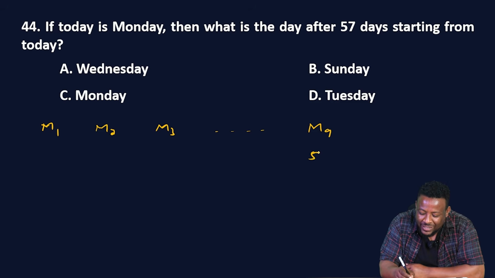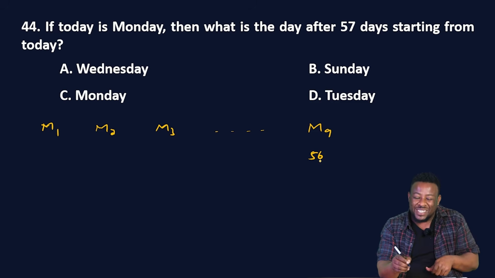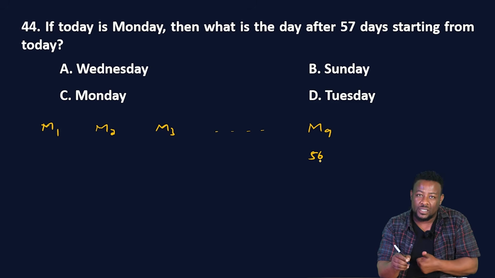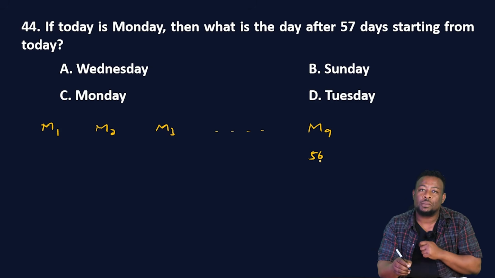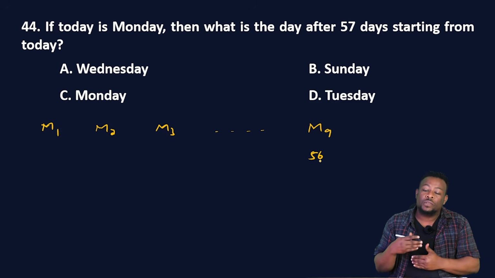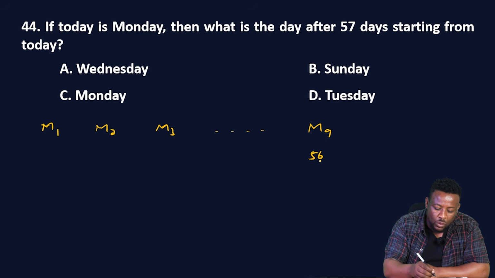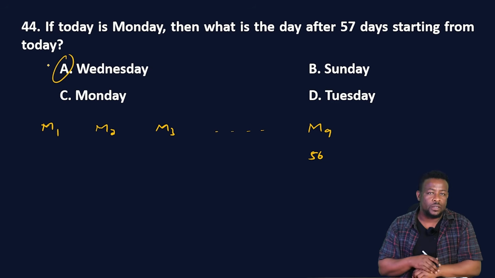ኦኬ ዘጠነኛው መንዴ ብለን የምናስበው 56ኛው ቀን ነው። ኦኬ ዛሬን አንድ ብለን ጀምረን ዘጠነኛው መንዴ ላይ 56ኛው ቀን ይሆናል። 57ኛው ቀን ቱስዴ ነው የሚሆነው። ሶ ጥያቄው after 57 days starting from today ስለሚል መልሳችንም የሆነው Wednesday ነው ማለት ነው። ኦኬ it's very simple.